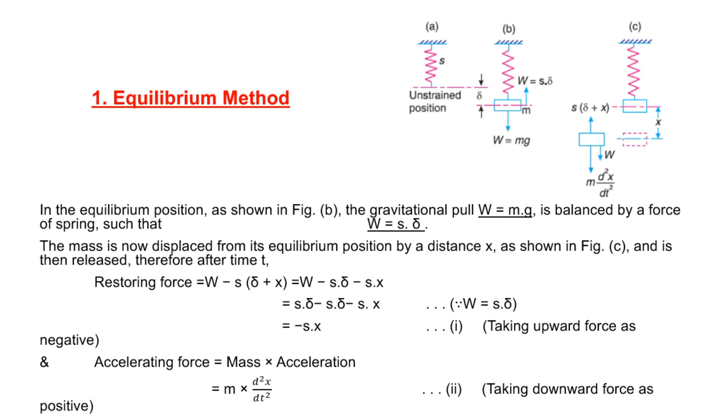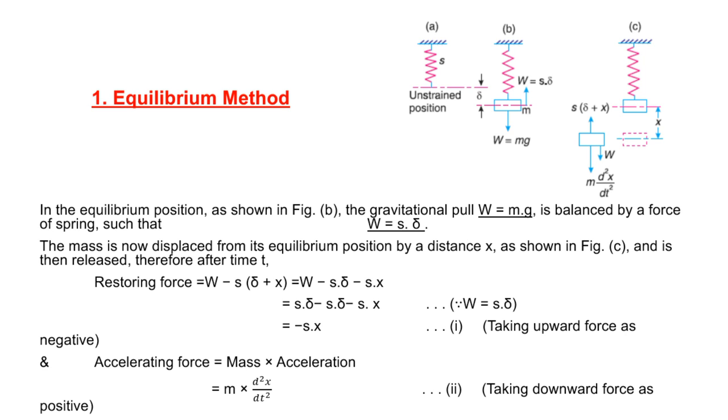Now suppose to that spring I have attached a mass m, then there will be some static deflection of that spring. In that equilibrium position, the force applied on the spring due to the gravitational pull of the mass is balanced by the force of the spring, and such a spring force can be represented by W equal to K into delta.